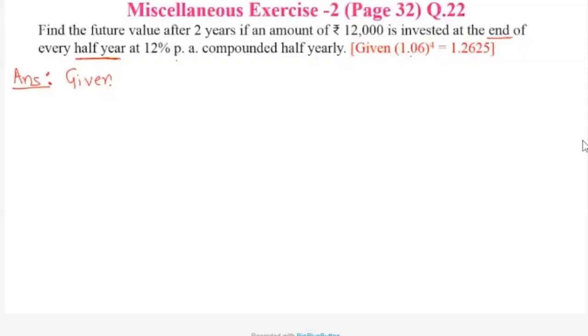Given: what is given first? n is equal to 2, but half yearly. Therefore 2 multiplied by 2, agreed? Half yearly, so I'm multiplying it by 2.